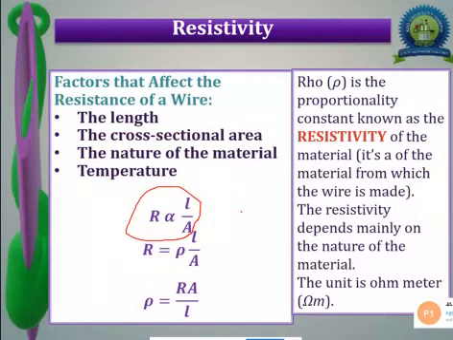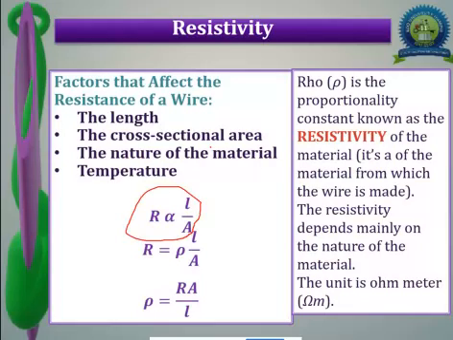And so the length of the wire will directly increase, I repeat, directly increase the resistance that will be offered by the wire. So if the wire becomes longer, the resistance becomes larger.